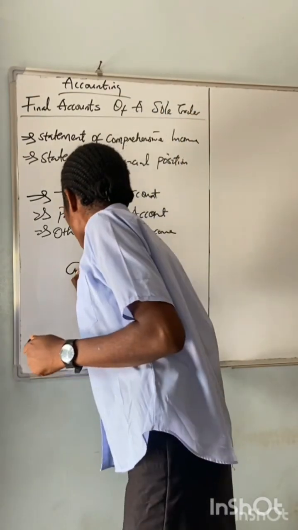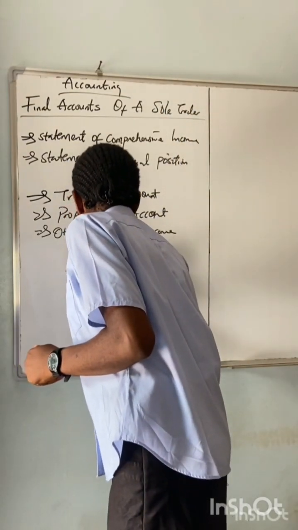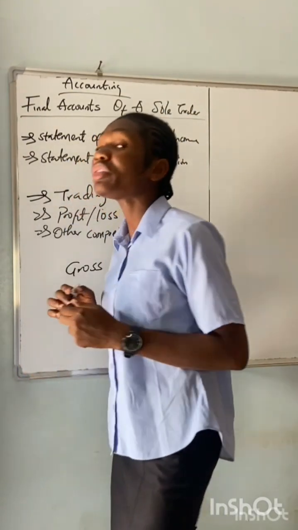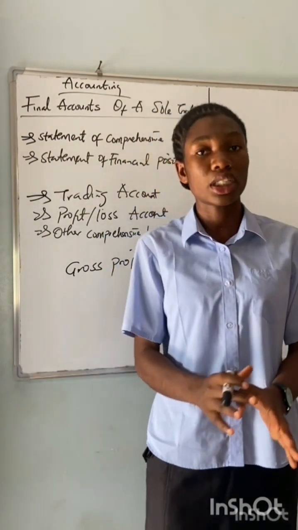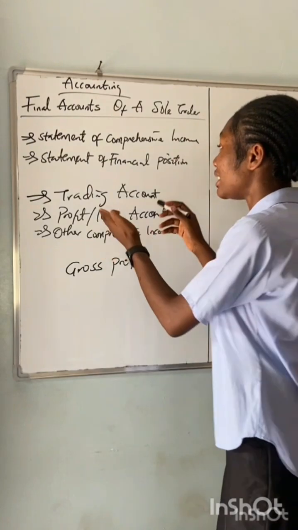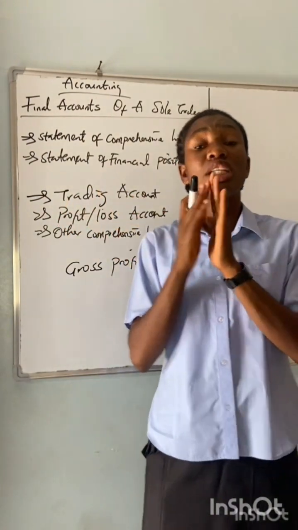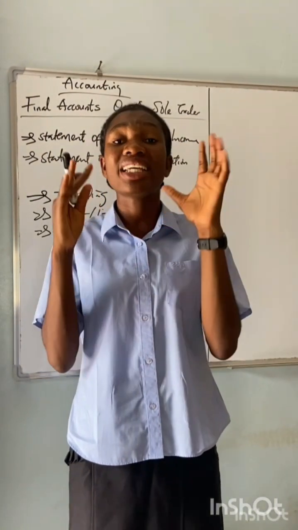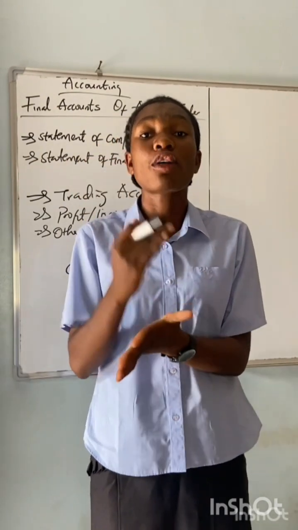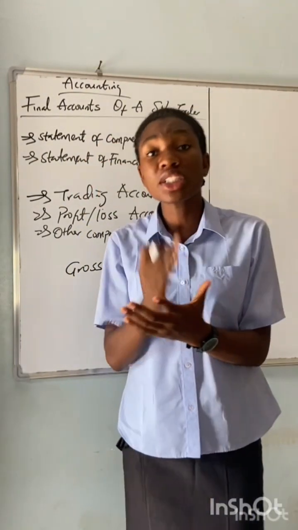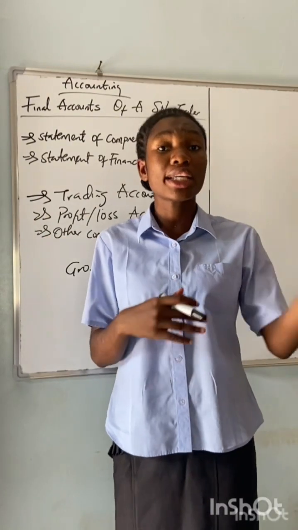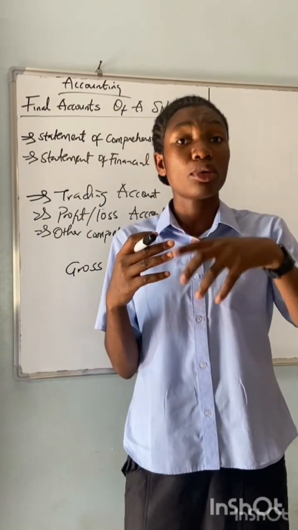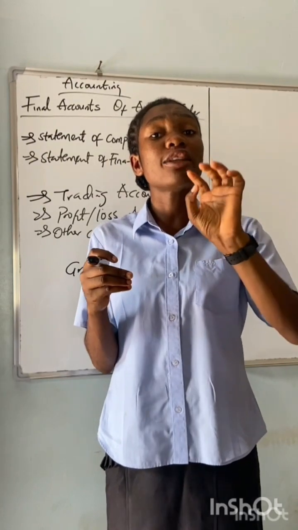Gross profit is a type of profit where only direct expenses were deducted. The direct expenses in a trading account have to do with the expenses directly involved in trading, like the purchases of goods, bringing the goods to the shop, as well as paying a laborer or worker directly involved in selling.